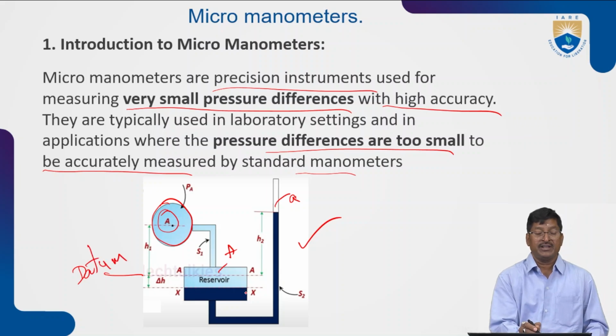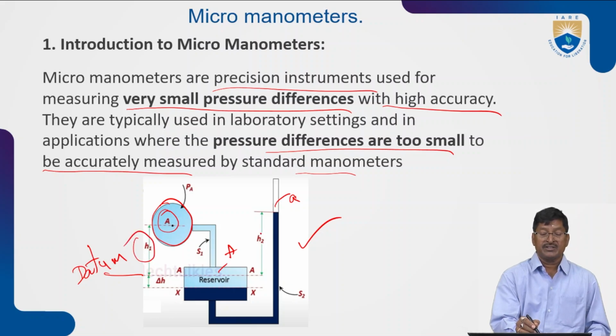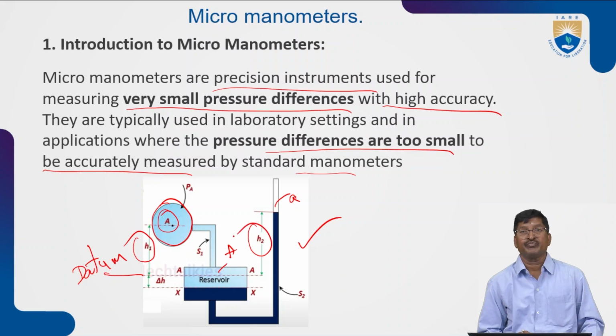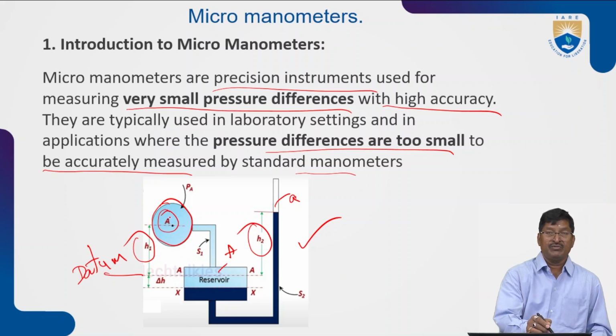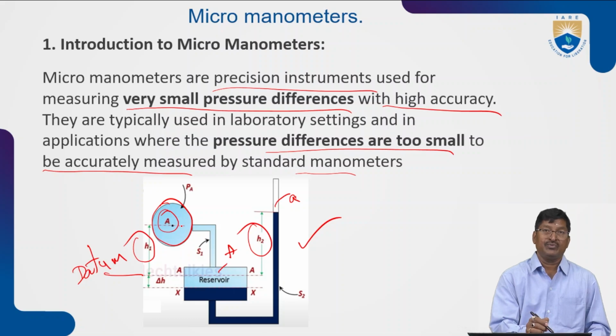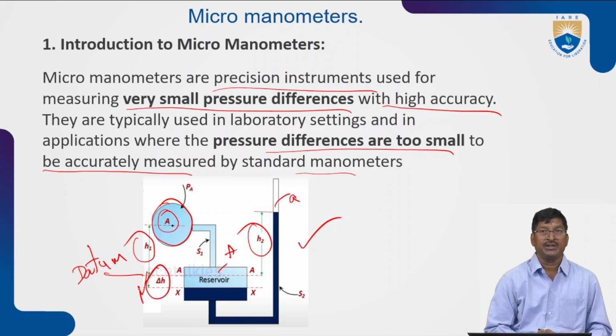So this datum line above the point A is at a distance of H1. This is H1. At the same time, in the right limb, it is H2 from the datum line. Okay. So whenever pressure is applied due to the fluid from pipe A, the reservoir level will go down by a small quantity.